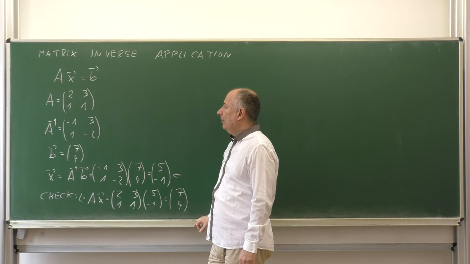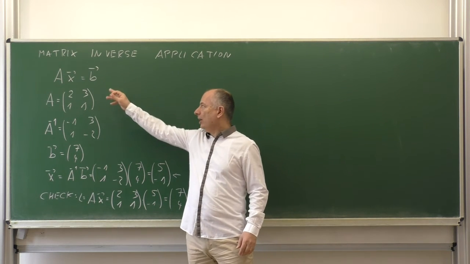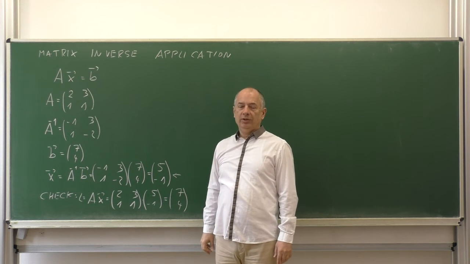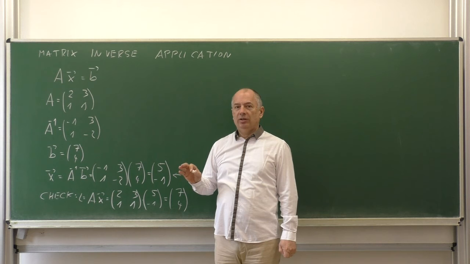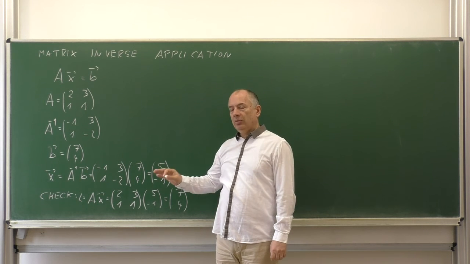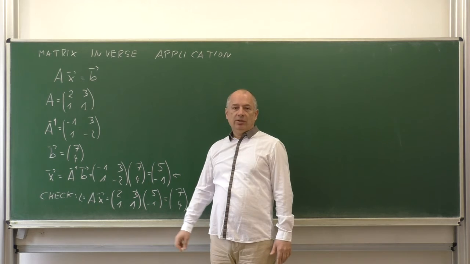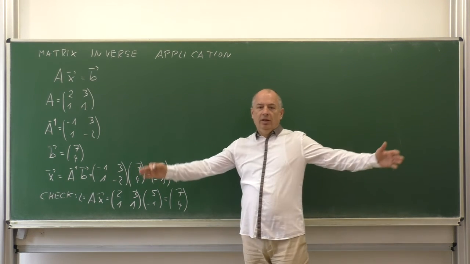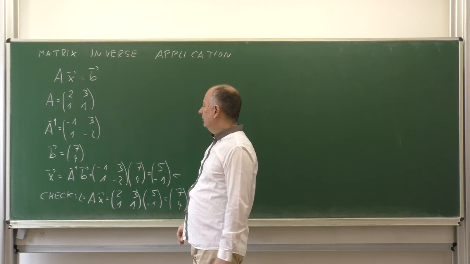On the other hand, if you have a very large system and you want to solve just one example, one copy of this problem, then using the inverse is not the most efficient way. Gauss elimination is slightly faster, but the difference is important only for many thousand rows and many thousand columns.